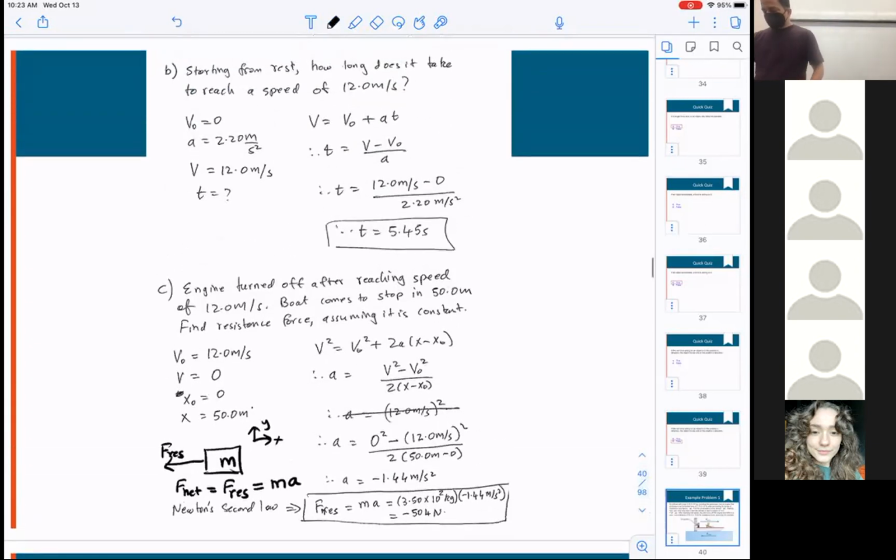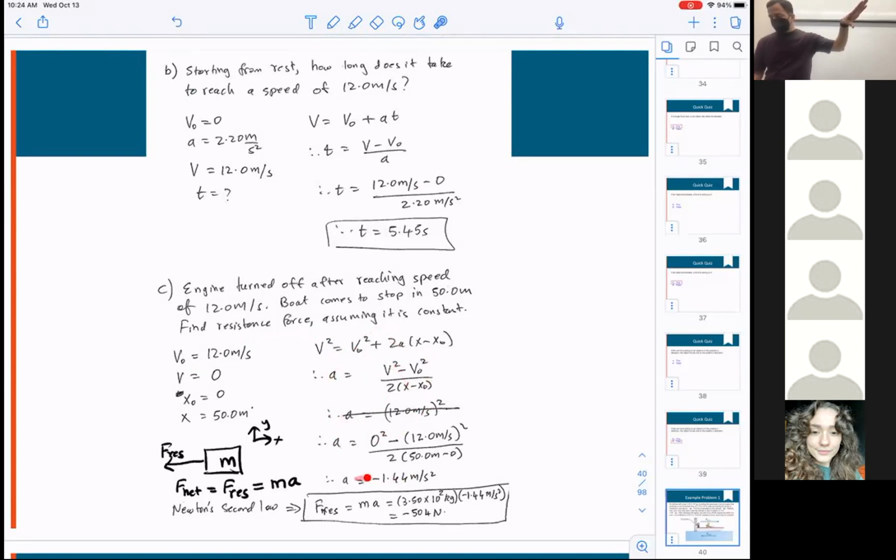So in this problem, part B, they asked us to find the time for something to happen, and we used the result of our acceleration from the previous part. We first calculated the acceleration using our Physics 1, chapter 2 stuff, just the kinematic equations of motion.